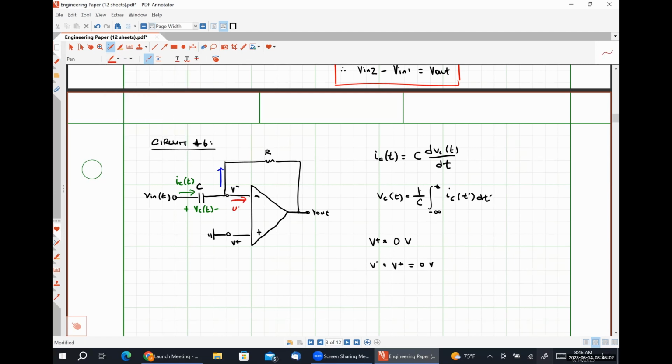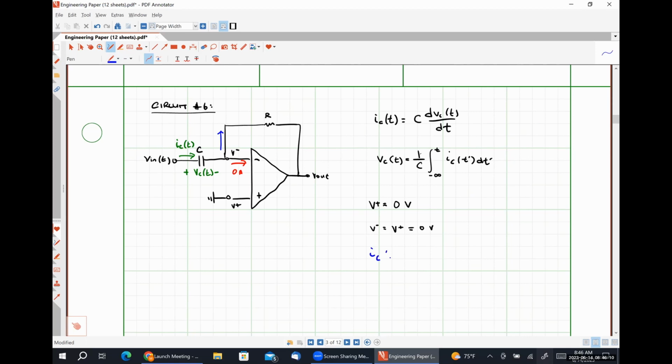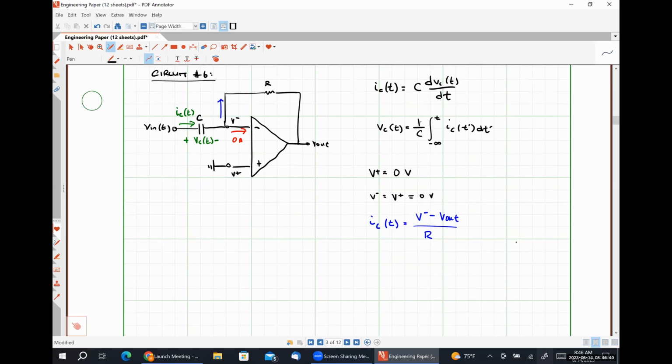Since we know that this current is 0 amps, my Kirchhoff's current law relationship is simply IC of t is equal to V minus V out divided by R. I can rearrange that to say then that V out, and this will be a time varying signal as well, will be negative R times IC of t.